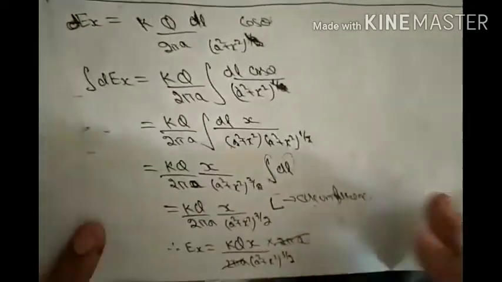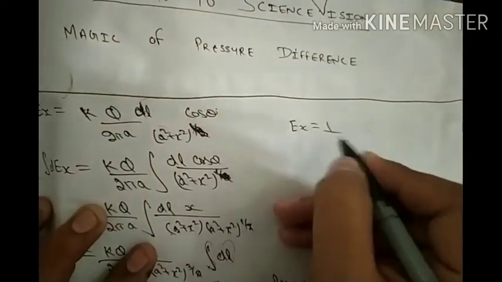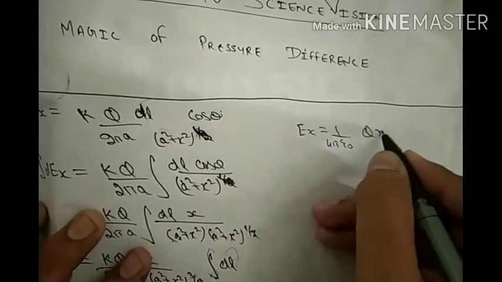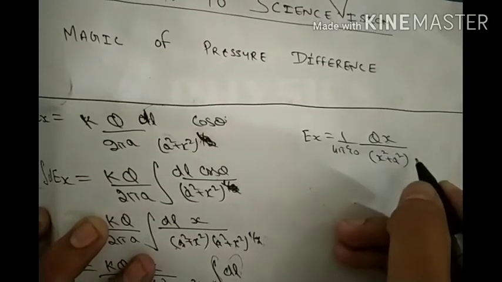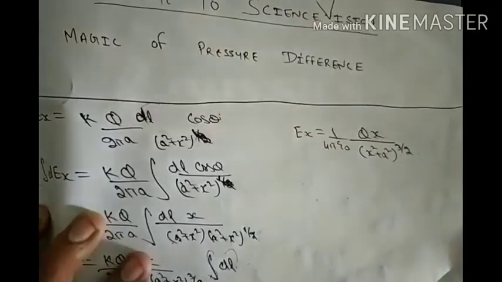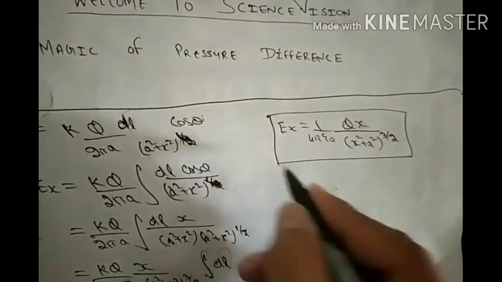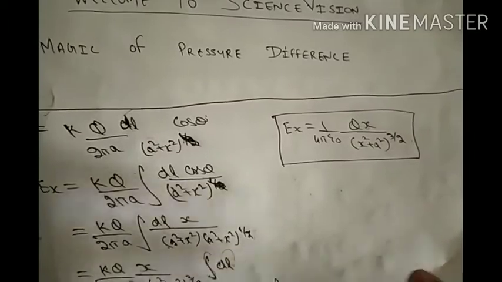So the net answer becomes Ex = 1 by 4 pi epsilon naught, qx upon (x square plus a square) to the power 3/2. So this is the net electric field due to a charged ring at any point lying on the axis of the ring.